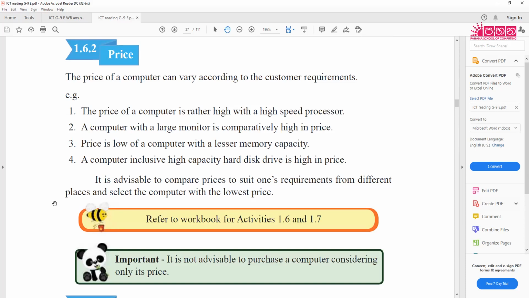Depending on those, the price will vary. Now, the price of a computer is rather high with a high-speed processor. Yes. Now, we know that we have processors like Core i3, Core i5, Core i7, Core i9. So the higher this number, the higher the price for the computer, right? And of course, it will be fast as well.